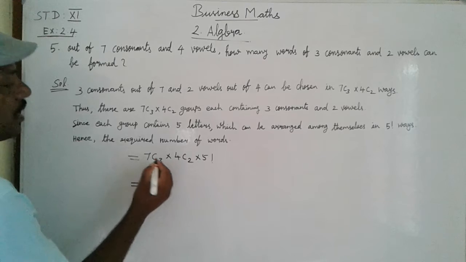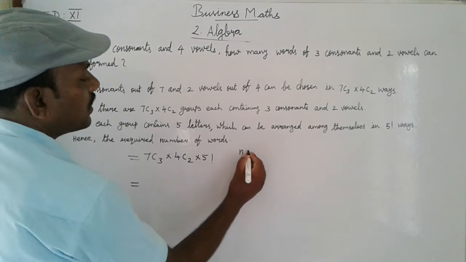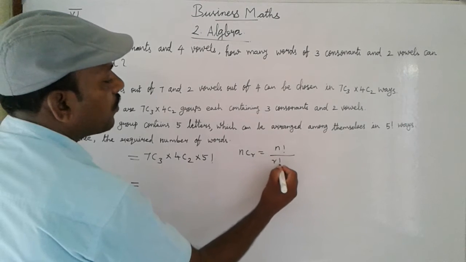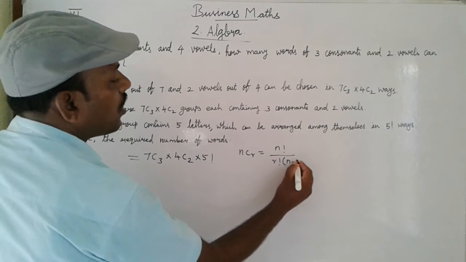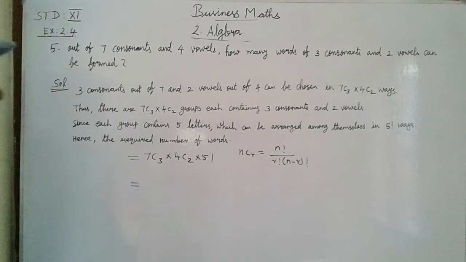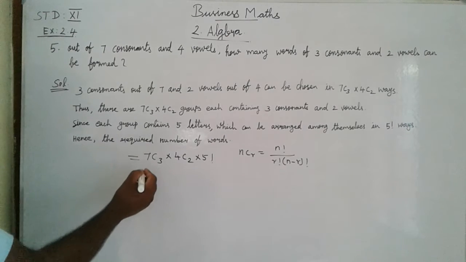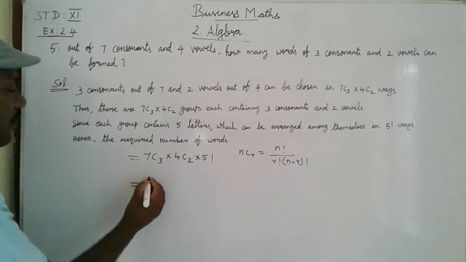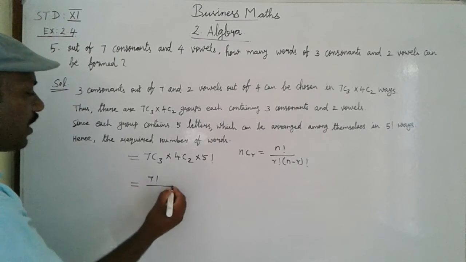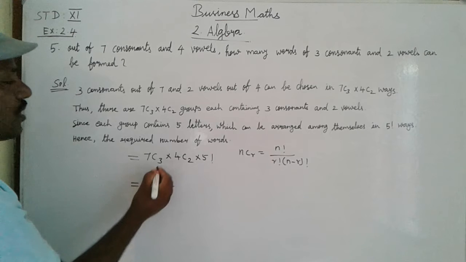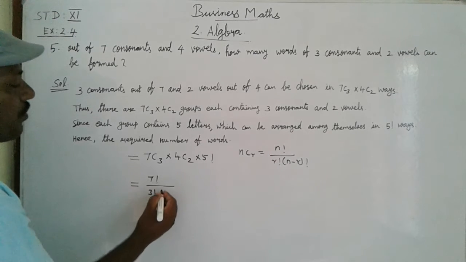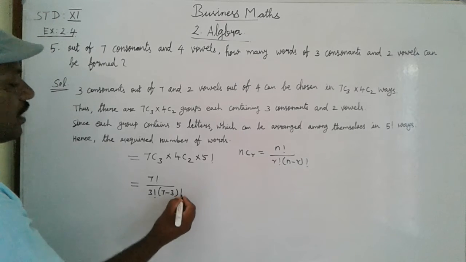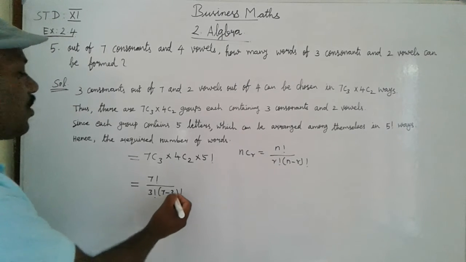That is equal to, we know the formula nCr equal to n factorial divided by r factorial into n minus r factorial is the formula. We should substitute this formula here. n is what? 7. 7 factorial divided by r is what? 3. 3 factorial into 7 minus 3 factorial. n is 7, 7 minus r is 3.